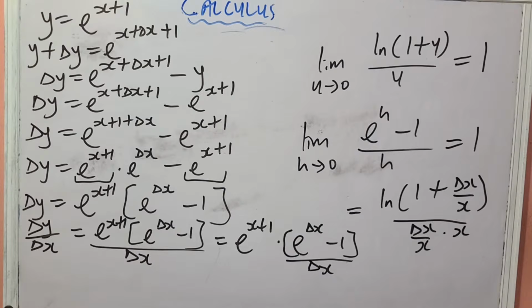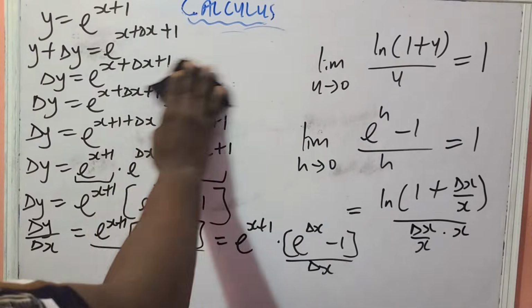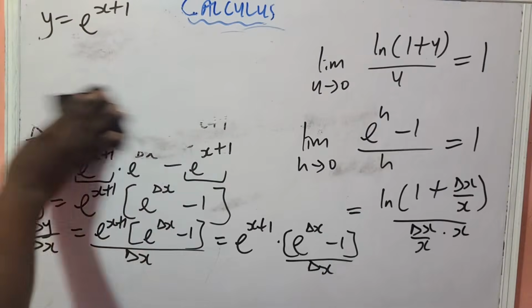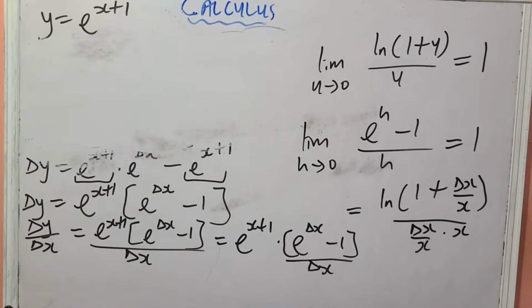All right. Now, let me clean up this place so that we can use it. Are you guys flowing? I'm sure you guys are flowing with us. So I've done step number 1, step number 2, step number 3. I want to do step number 4, which is to take the limit of both sides.